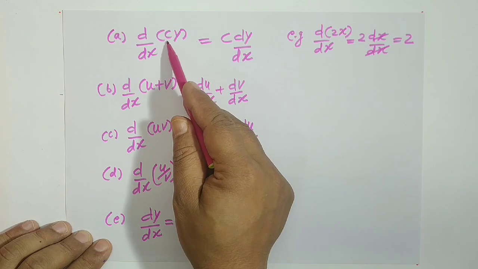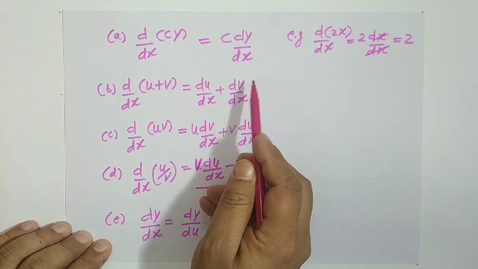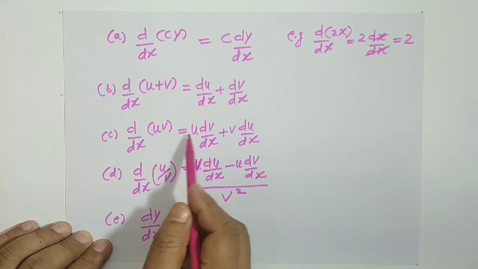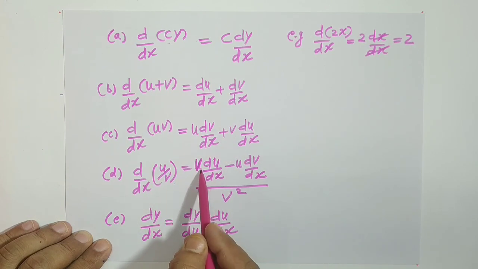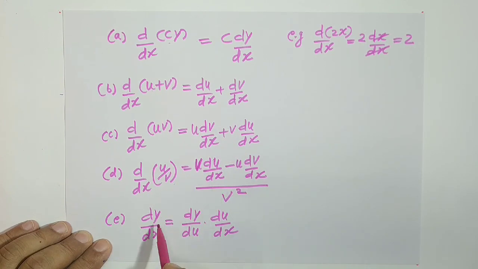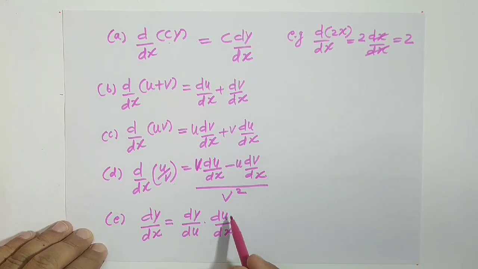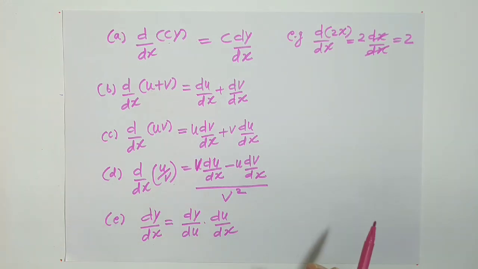Again repeating, a constant will come out; if there are two variables, first will be the differentiation du/dx, dv/dx. Then if there is a product, you know that u will come out, dv/dx, and then v du. If there is a division, then you have to write it in this way. And dy/dx can be differentiated with respect to u, but again du gets cancelled. So this is how we are going to apply differentiation.